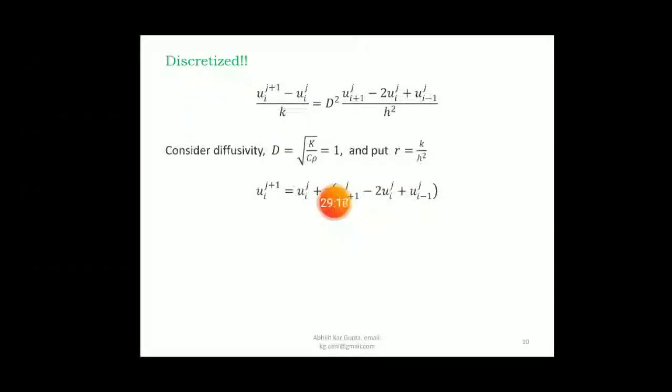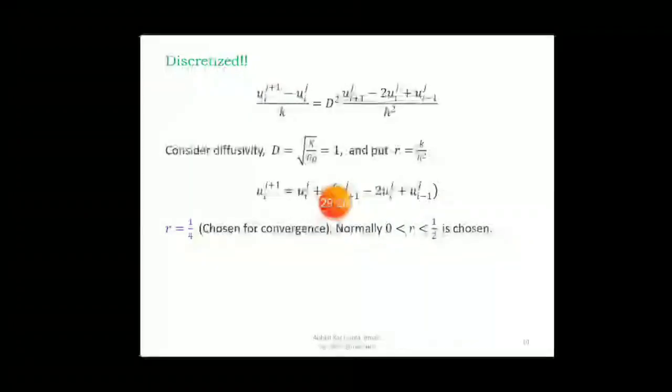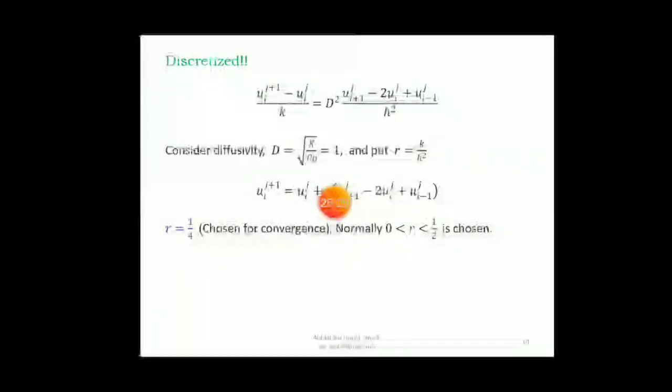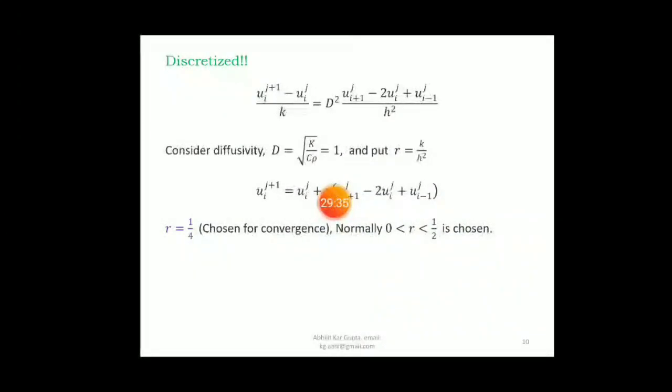Okay, so what is now to decide about r? You will have a linear algebraic set of equations to solve for different i and j. If you follow the von Neumann stability analysis criterion, we won't describe this here, but you can follow any good numerical methods book, Scarborough, S.S. Sastry, and there is a very good book, Numerical Recipes, and all other books, for your curiosity and to satisfy yourself.